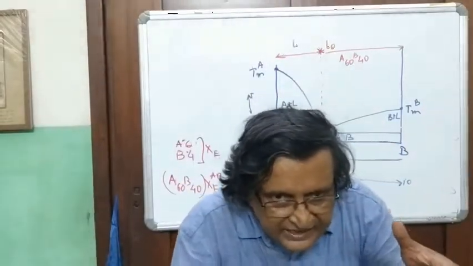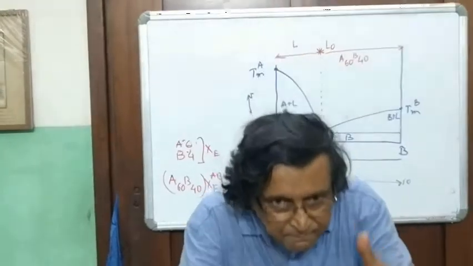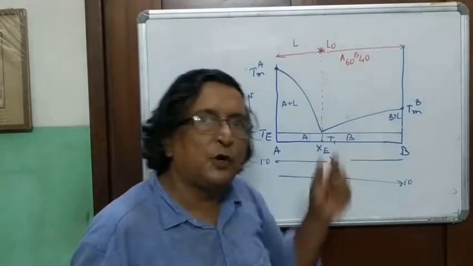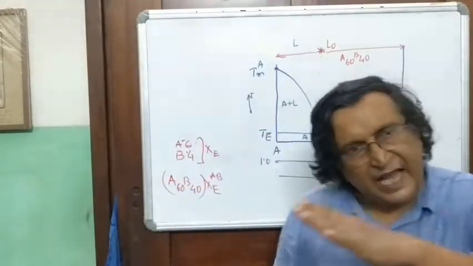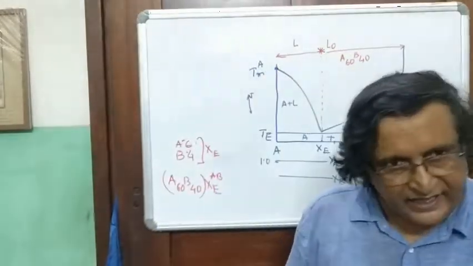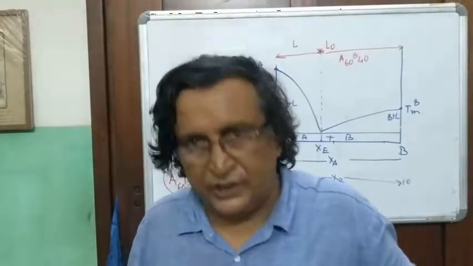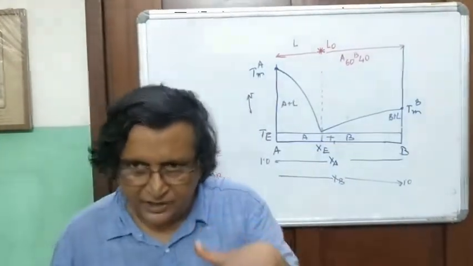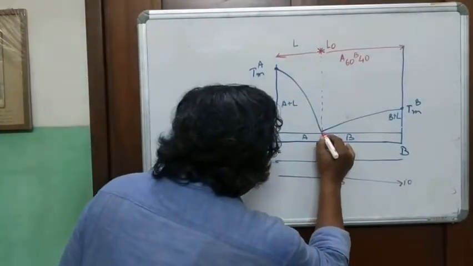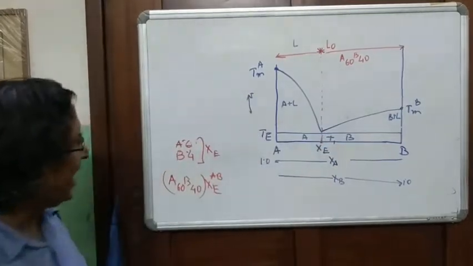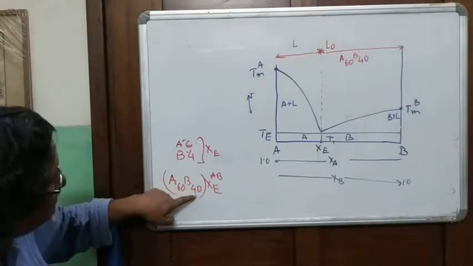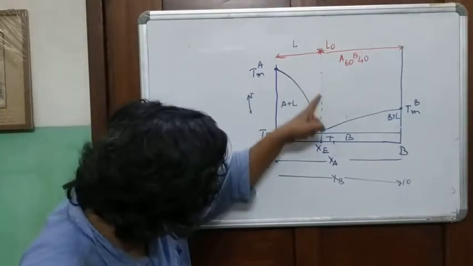And the melt is a solution or a chemical compound, a polymeric liquid, where A and B are in the proportion of 60-40. But A and B you cannot separate out. So it's like a liquid solution rather than a mechanical mixture. And here at this point you have A 0.6 and B 0.4, or A60, B40. This is the composition A60, B40.